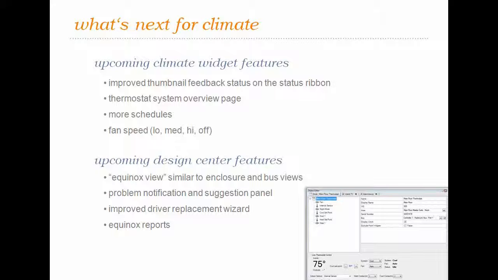One of the things that I also wanted to point out that will be upcoming in Design Center is an Equinox View, which will be similar to the enclosure and bus views. So you'll be able to see an Equinox 7.3 or app and then get not a graphical preview, but a tree preview of what widgets will be on that object and what the pages will be. And then you'll notice the problem notification and suggestion panel is new to 3.3, that second bullet point.